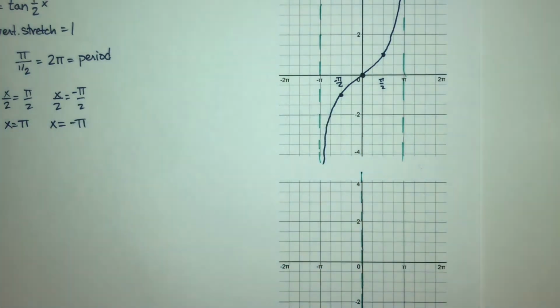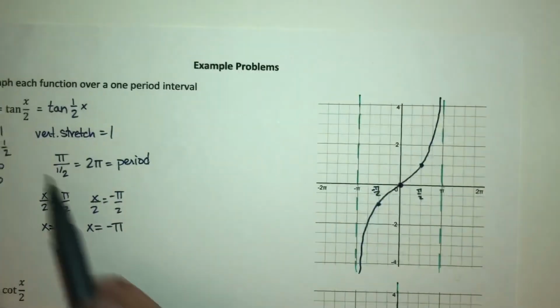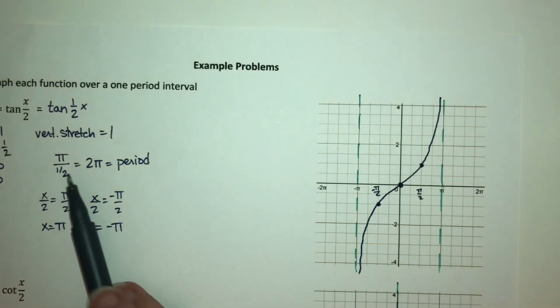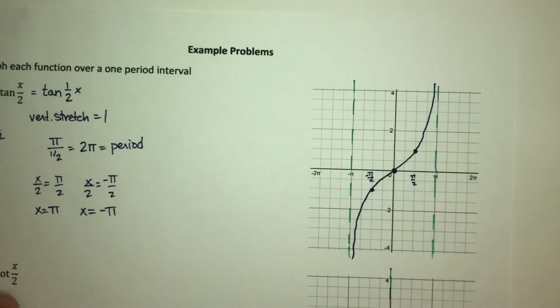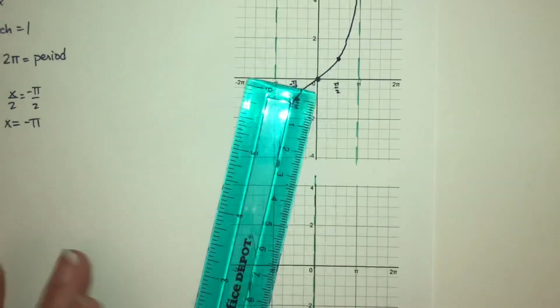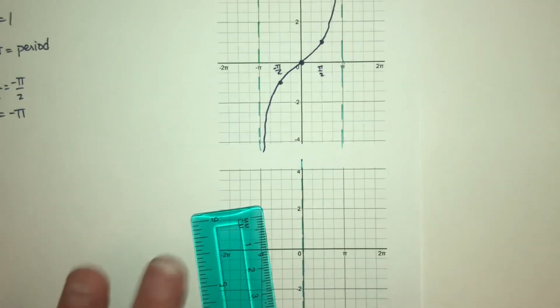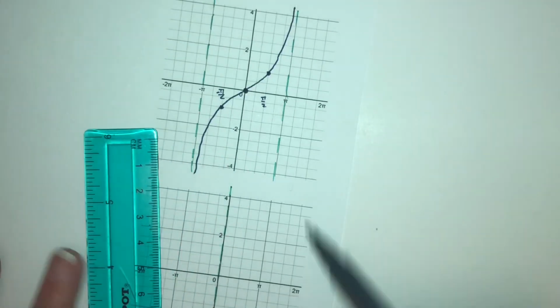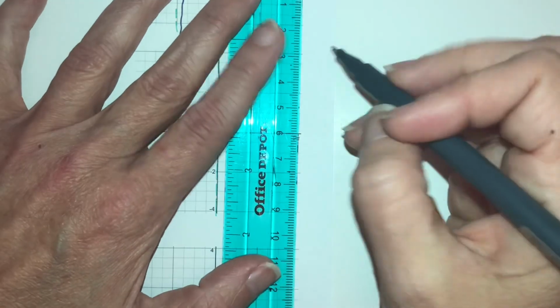I am going to need to find another one. Well, the period is going to be the same. So the period is 2 pi. So I'm going to have another vertical asymptote 2 pi away from here, which is actually the line that didn't print on this graph. So I'm going to sketch that in too.